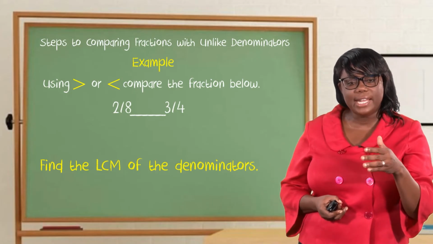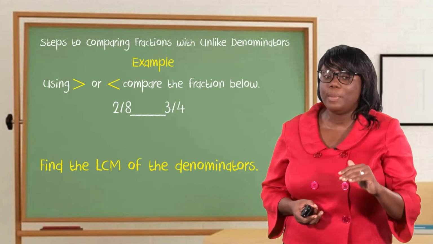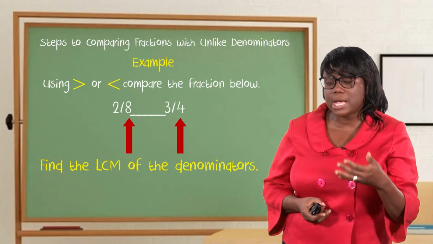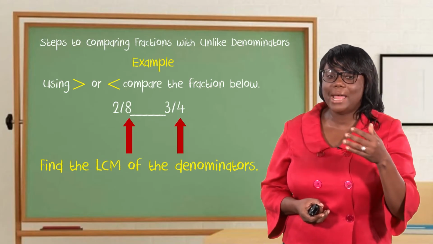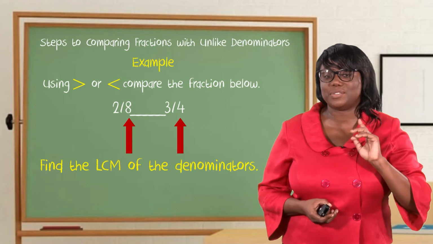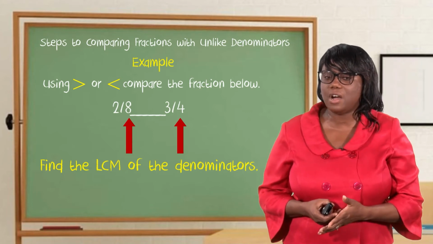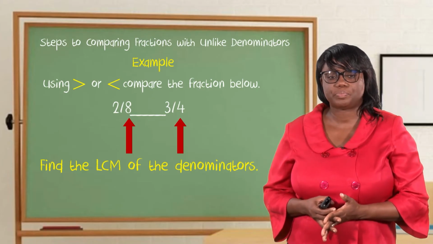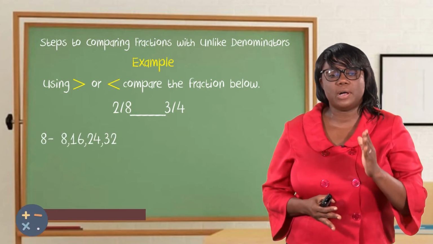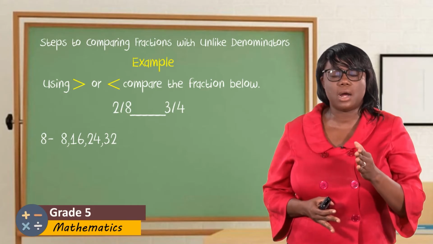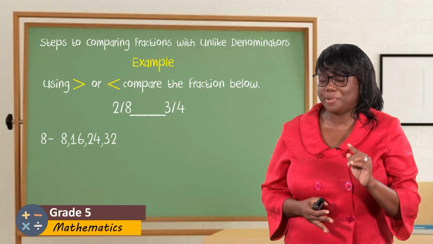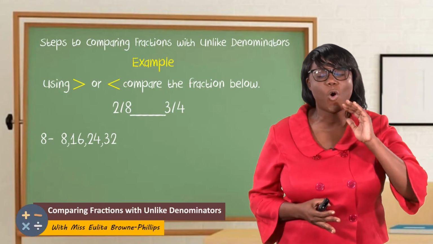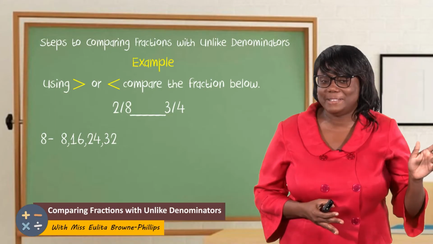What are we finding the LCM of? The denominators. What are the denominators in the fractions above? 8 and 4. So let's get right ahead and start listing our multiples of those two denominators. So the multiples of 8 are, boys and girls, remember I said previously we don't have to list all the multiples because we can go on to infinity.